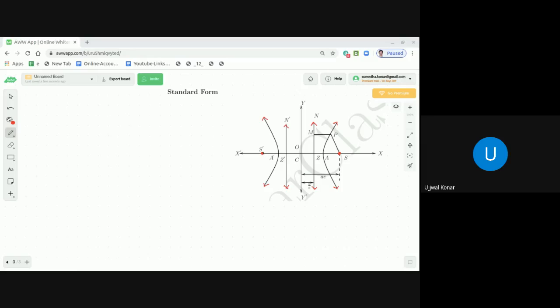So what I wanted to mean is that AS is equal to E into AZ.